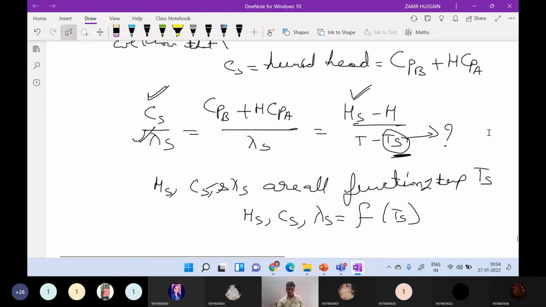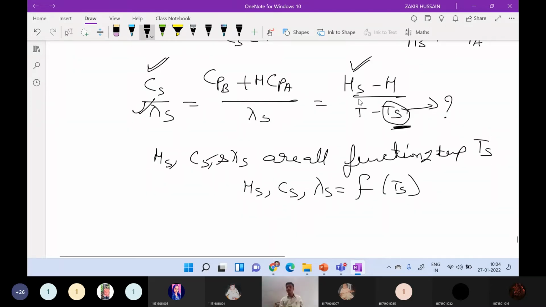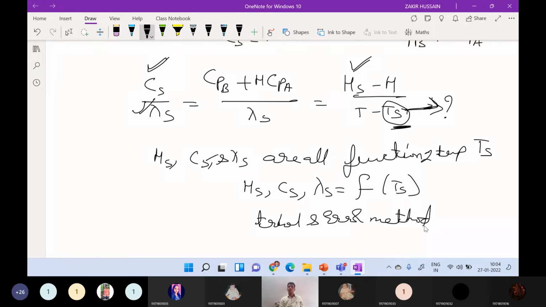Because of this interdependency, we cannot directly use this equation and calculate the Ts temperature. We need to use the trial and error method to calculate the Ts value. Why? Because there is an interdependency between Hs, Cs and lambda S, because they are functions of your adiabatic saturation temperature Ts value.